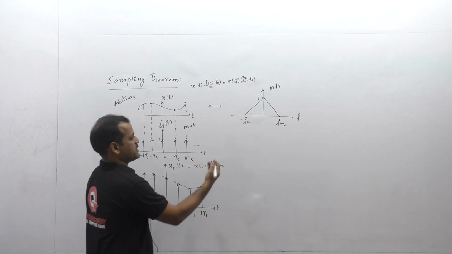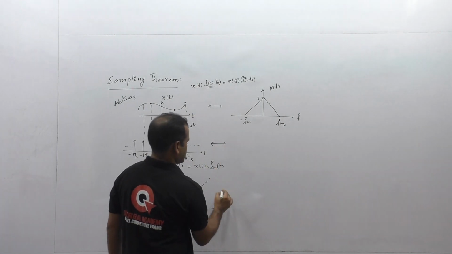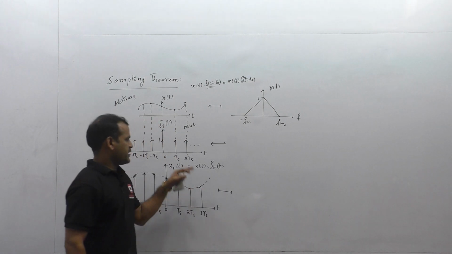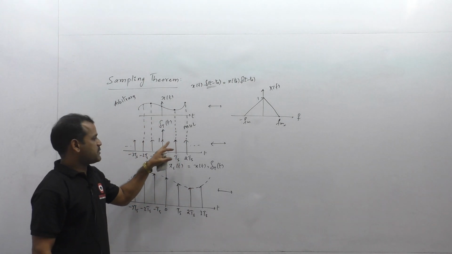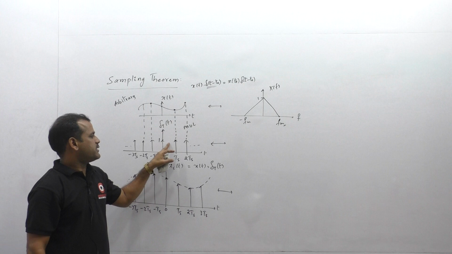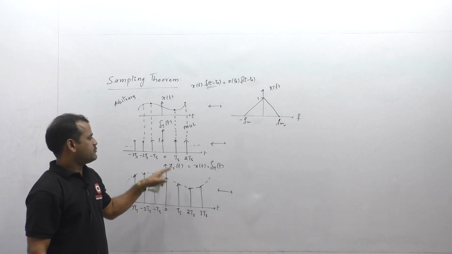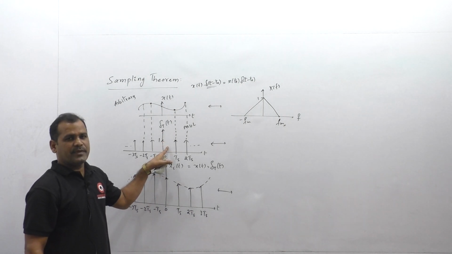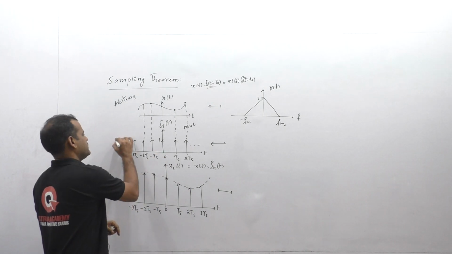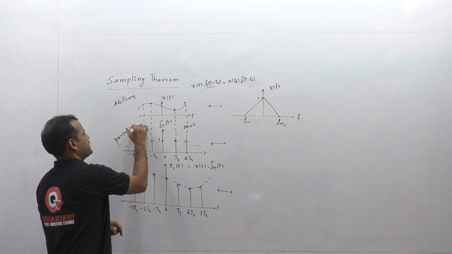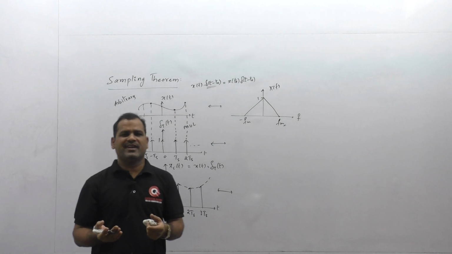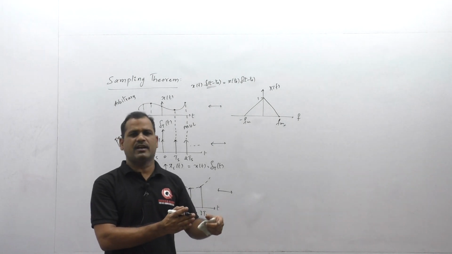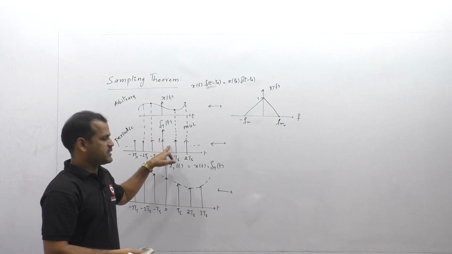Fine. Let us find the frequency domain analysis of these two signals. In Fourier transforms we have derived the Fourier transform of a periodic function. Observe here, the signal is periodic in nature. Any arbitrary periodic signal should have a Fourier transform as a delta train, and already it is a delta train.